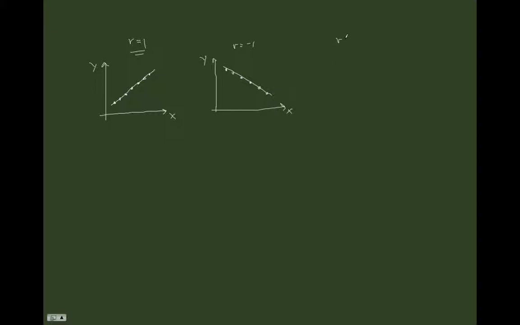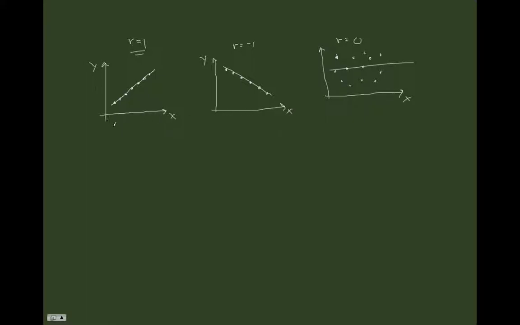The other extreme would be R equal to 0. R equal to 0 means there is no linear correlation. This would be the shotgun scattering of points where there's no trend upward or downward. The other way to think about it is, there is no line that's going to fit this data very well at all.